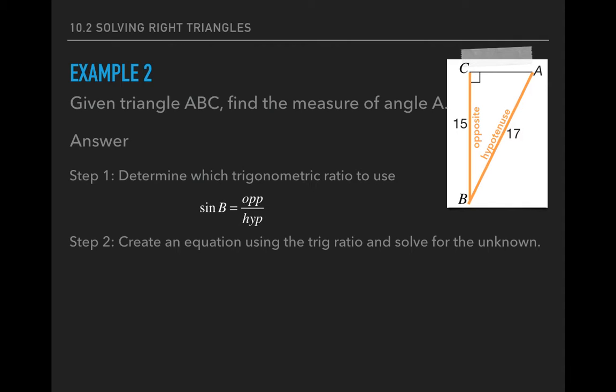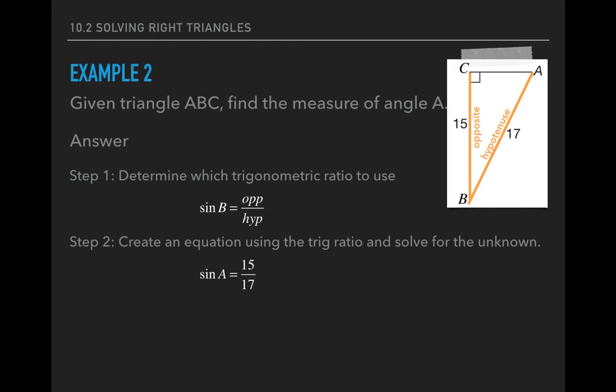Sine of A is equal to the opposite over the hypotenuse. So when we substitute that in, sine A equals 15 over 17.